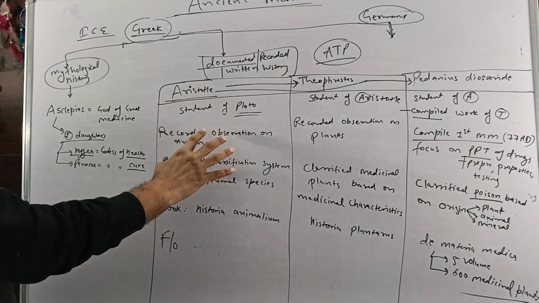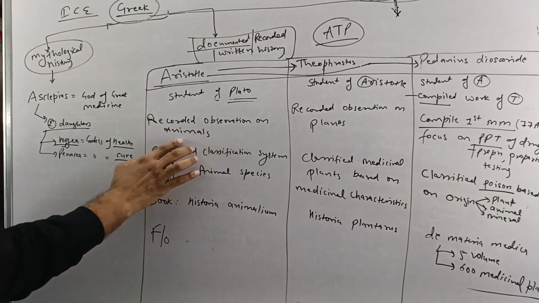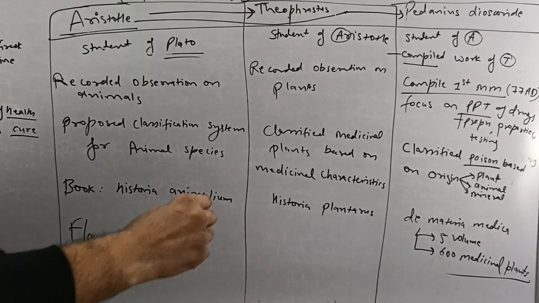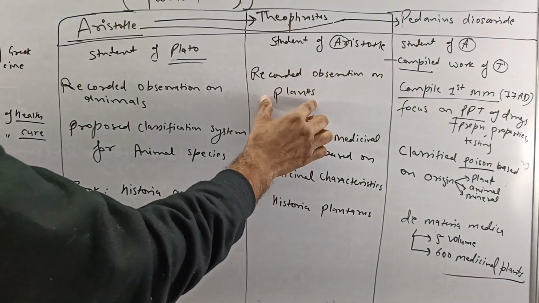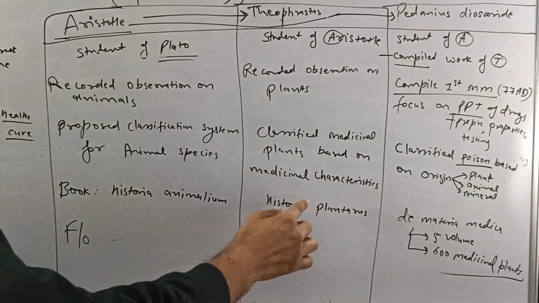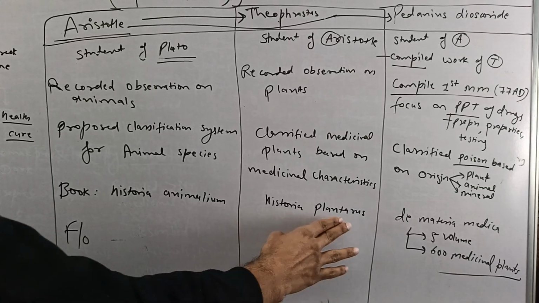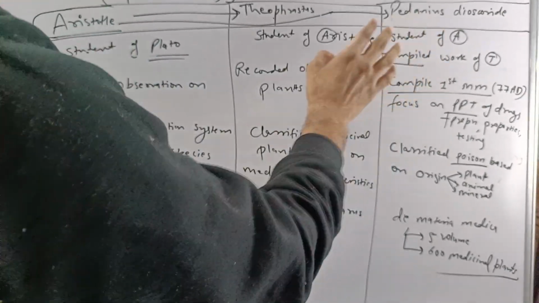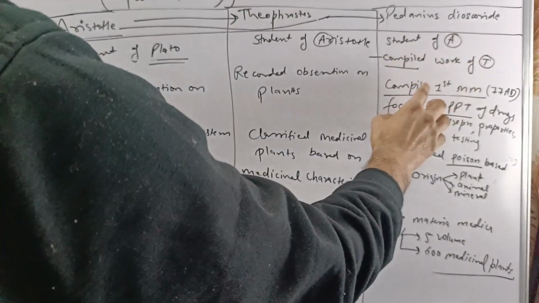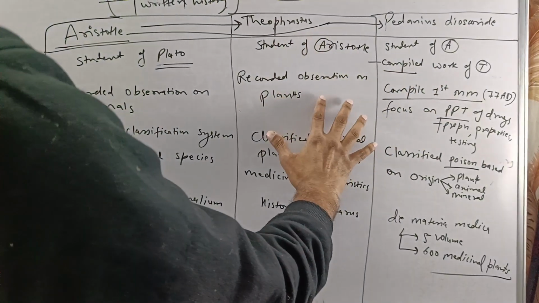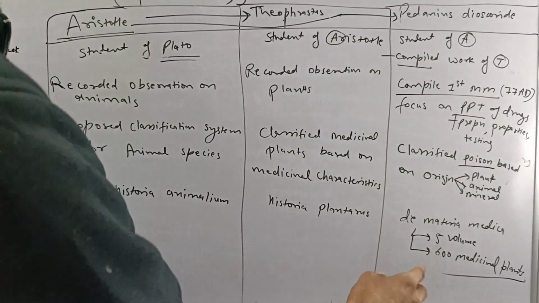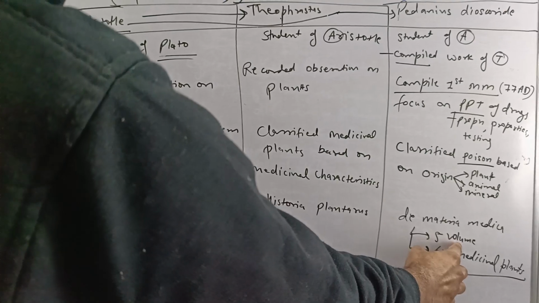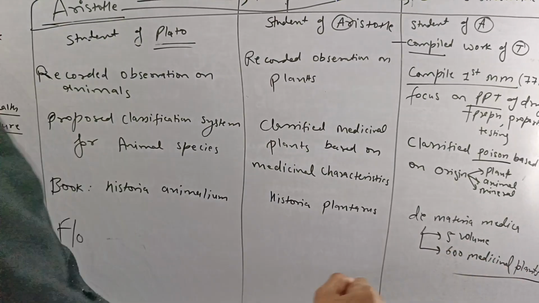Aristotle recorded observations on animals and published one book, Historia Animalium. Theophrastus recorded observations on medicinal plants in the form of the book Historia Plantarum. And Dioscorides compiled the work on medicinal plants in the form of the book known as De Materia Medica, in 5 volumes containing 600 medicinal plants.